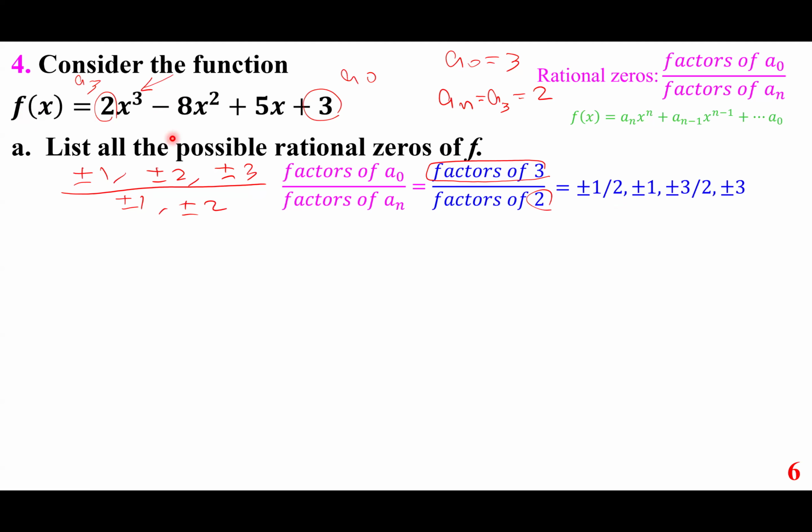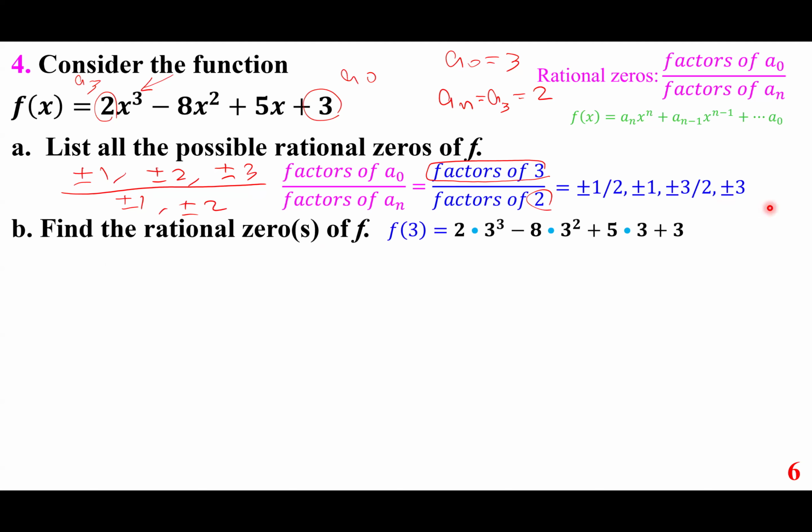F of -1/2, f of +1/2, f of -1, f of +1, f of -3 halves, +3 halves, -3, +3, all of the above. Now, I'm not going to go through all of them, but that's the process. It so happened, if we plug in 3, so find the rational zeros. That's the reason we come up with those, we want to come up with the rational zeros.